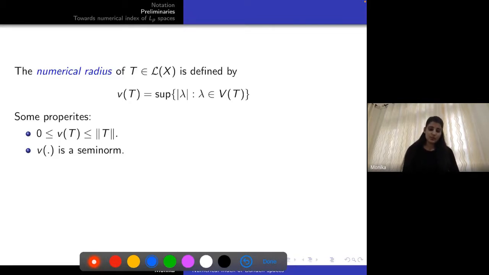Also, the supremum of the absolute value of sigma(T) will be dominated by the numerical radius of T, which means the spectral radius will be dominated by the numerical radius.